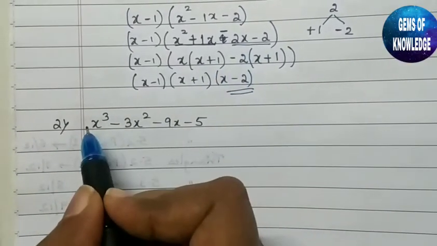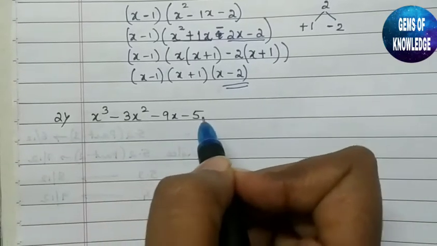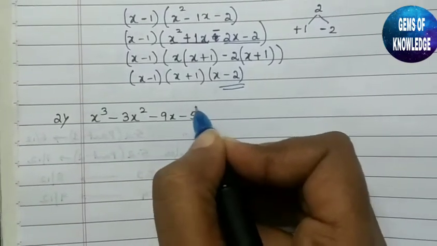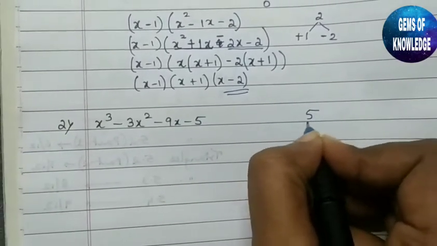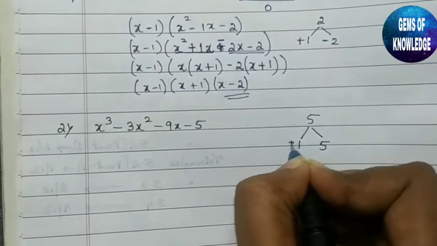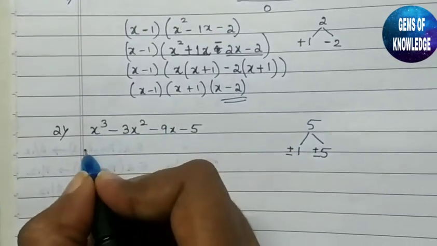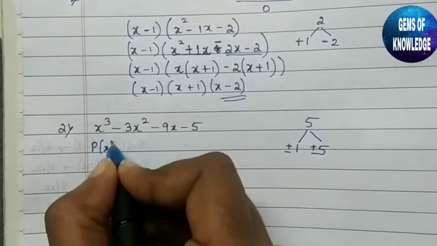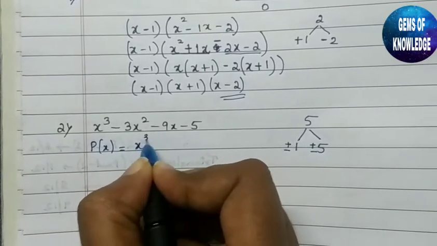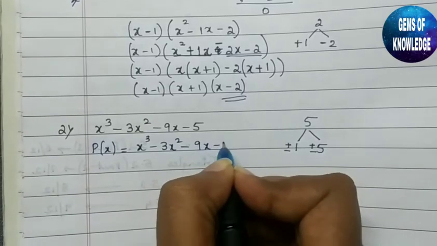Okay, so you can see the second question over here, that is x cube minus 3x square minus 9x minus 5. So at the last here 5 is given, okay, which can be written as 1 5s are 5. So this will be taken as plus and minus. So let us consider p of x will be equals to x cube minus 3x square minus 9x minus 5.